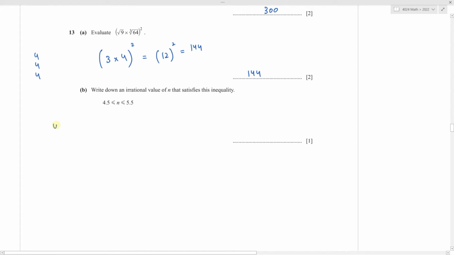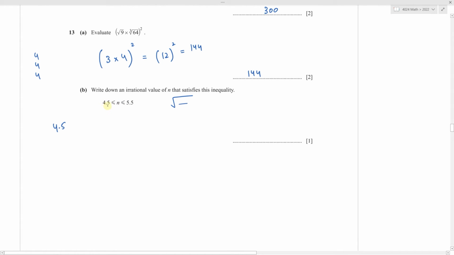I want to take a square root of something, but it cannot be 25, because square root of 25 is 5, so that's not an irrational number. I need a square root of a number which is not a perfect square, such that the square root value will fall between these two values.